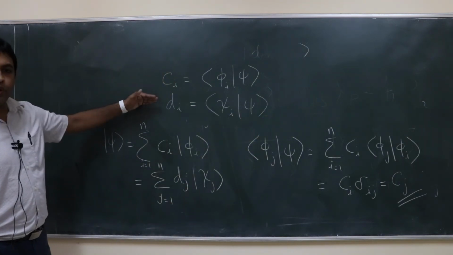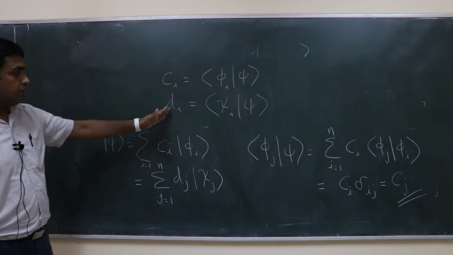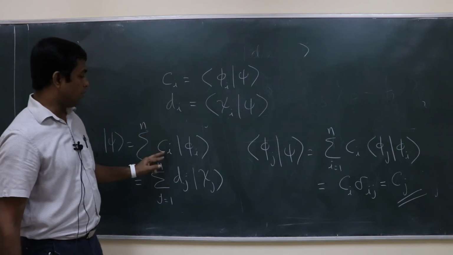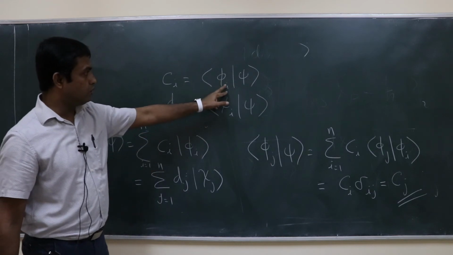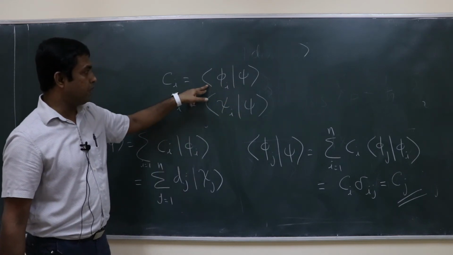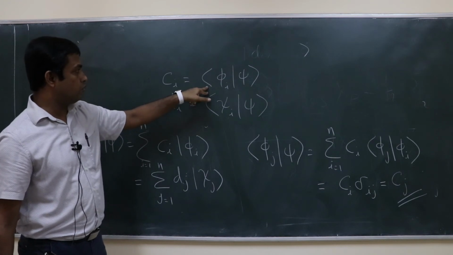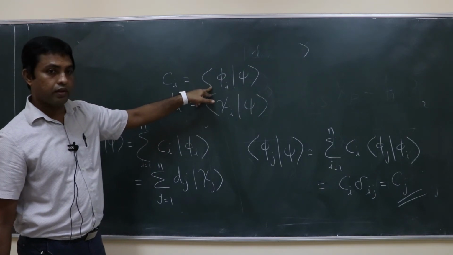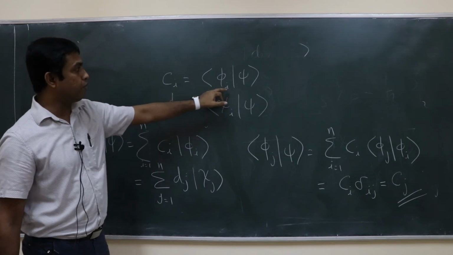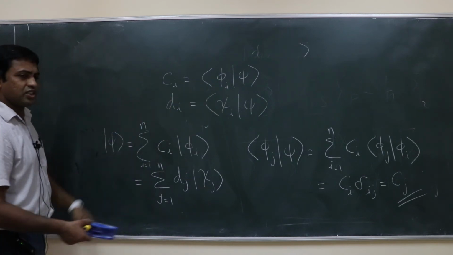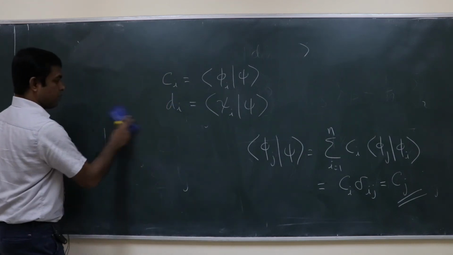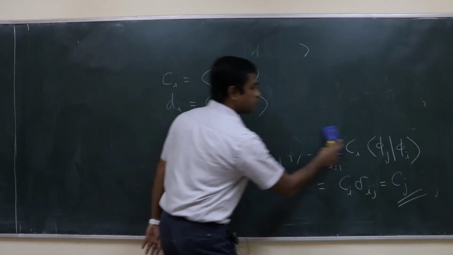So this way you can find out the coefficients. To find the components of the vector, you take your vector, multiply with the basis vector along which you want the component, take the inner product, and you get this. All these things you know in your Euclidean space, the Cartesian coordinate system. I am writing it in a different notation, that's it.